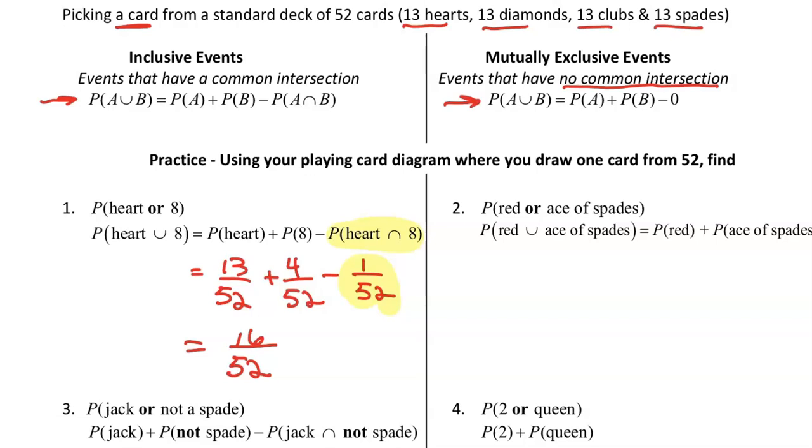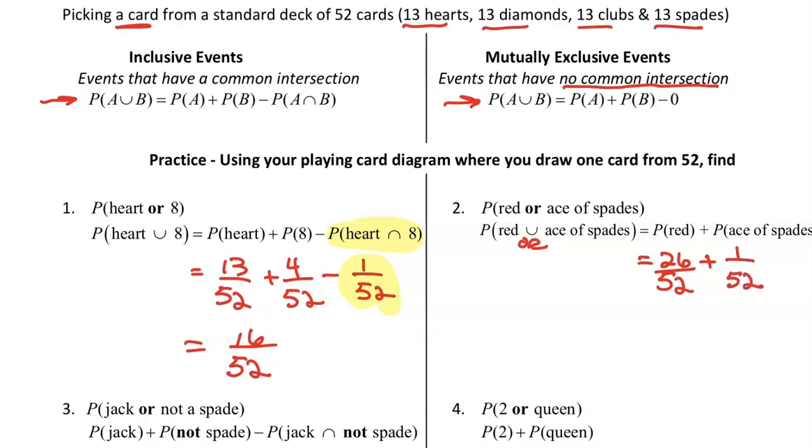Okay, let's look at the example under the mutually exclusive. What's the probability of getting a red or the ace of spades? So red or ace of spades equals the probability of red. There are red cards that are diamonds and red cards that are hearts, so that's 26 over 52, plus the ace of spades, which is only one.